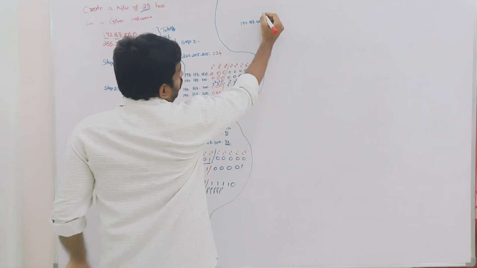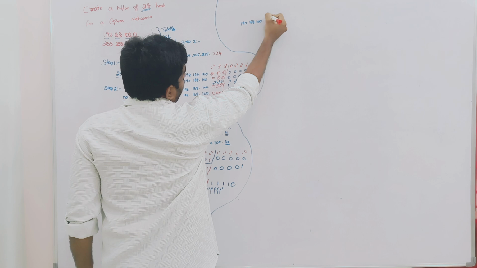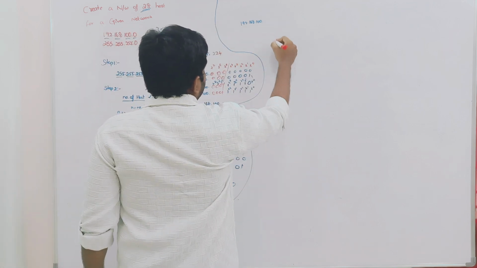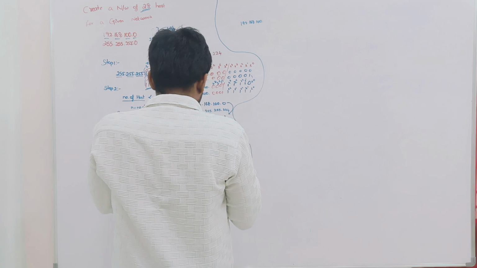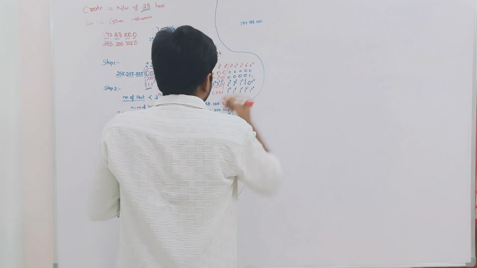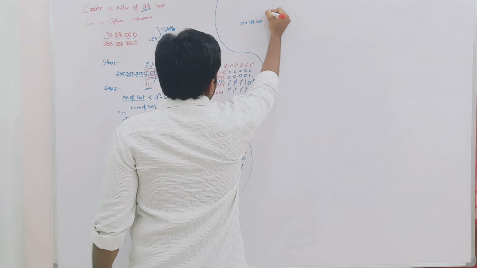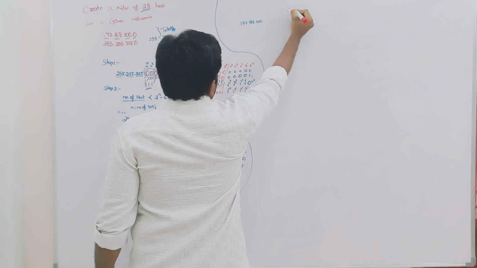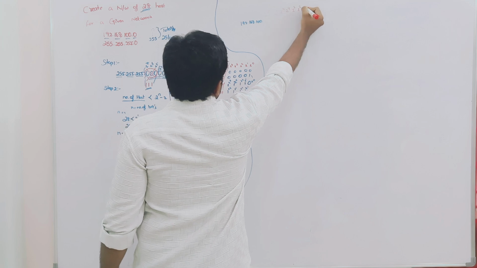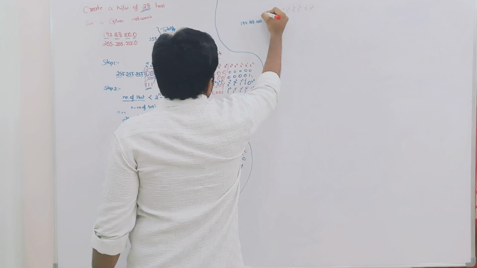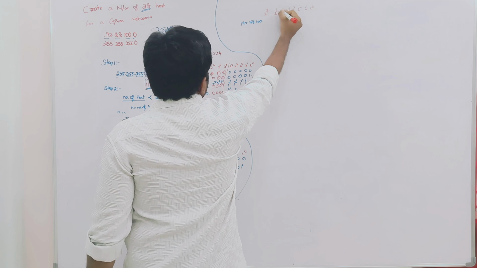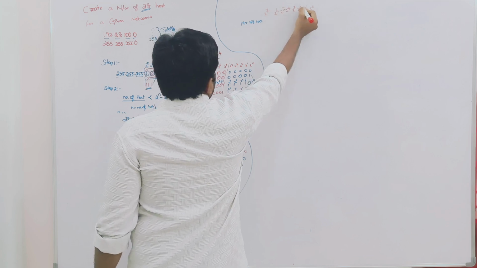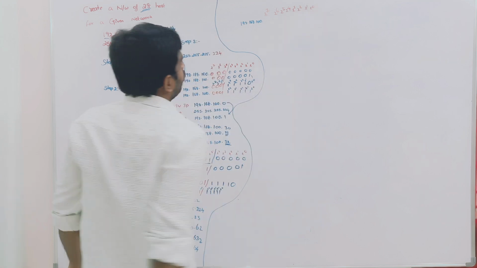First you mention the powers of 2: 2 power 7, 2 power 6, 2 power 5, 2 power 4, 2 power 3, 2 power 2, 2 power 1, 2 power 0.